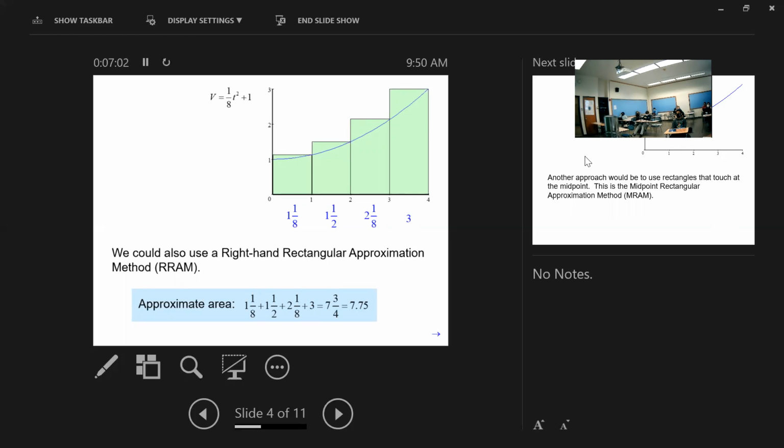The first one, where 0 was the input, was particular to LRAM, and this rectangle is particular to RRAM. That make sense? So now we get a different estimate, which we can tell from the picture is an overestimate. So LRAM was too cold, and RRAM was too hot.